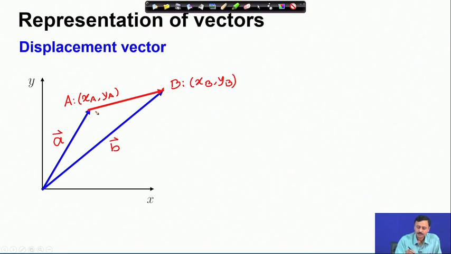Consider the vector joining points A and B. Let us call this the vector c. So, c goes from A to B. So, I will represent c as a vector from A to B. So, I can write c as vector AB.